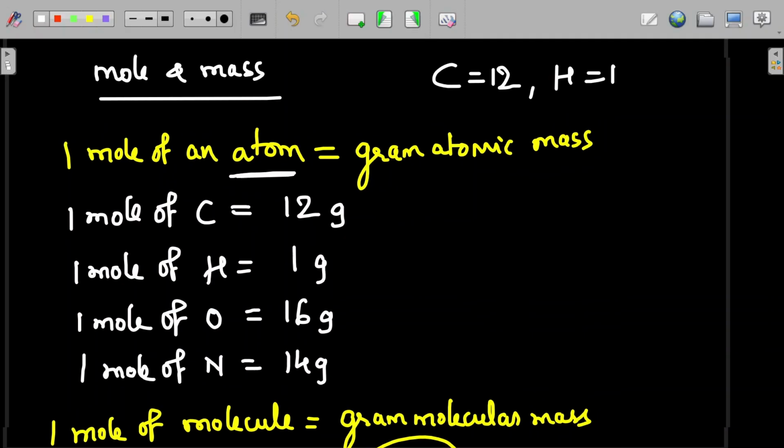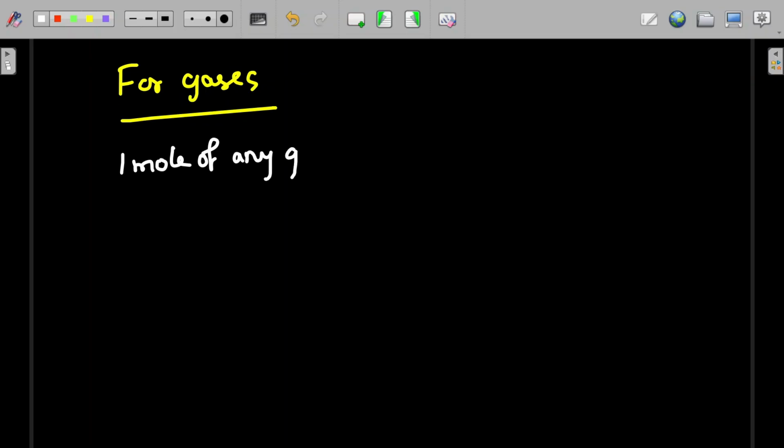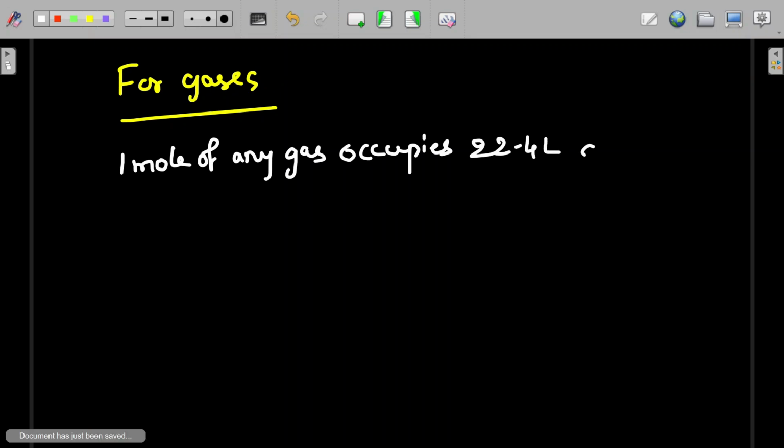ठीक है ना? So first of all, you should know this. Now you know mole and mass, mole and number of particles. One more relationship is there, which is applicable only for gases. For gases, what is that? 1 mole of any gas occupies 22.4 liter at STP. Okay, this is only for gases. Don't apply this to solid or liquid.